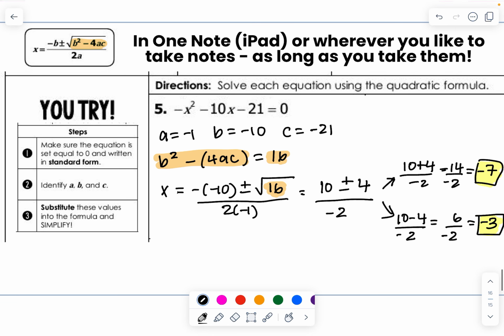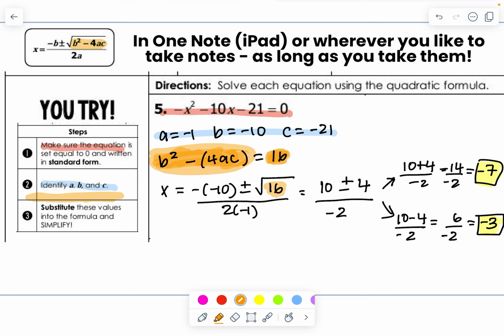All right, guys, did you get -7 and -3? I hope so. Step 1, make sure your equation is set equal to 0. Was already handled for you. Step 2, find a, b, and c. You did. Step 3, find b squared minus 4ac. This little guy right here.